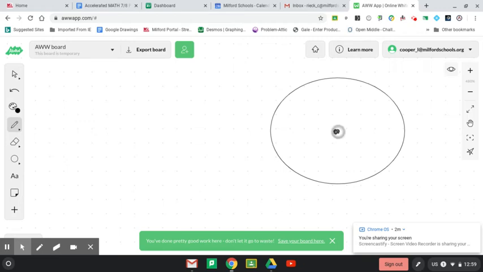So we have a radius, and if we have two radius that meet at the center point, it creates an angle. That is an inscribed angle. It also creates an arc, the outside part that connects the two radius.